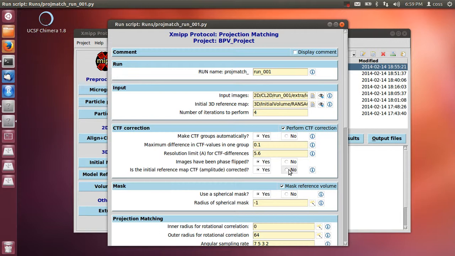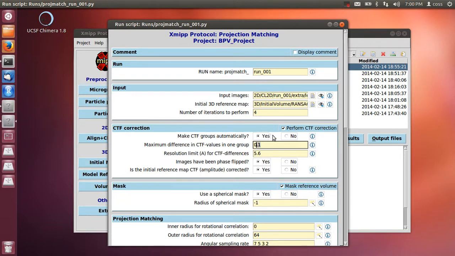So you're making groups of CTF, so all the particles that have similar CTF, they go into the same group. And you can be rather tolerant and put many micrographs together in the same group, and then you put larger values here. Or you may be very strict and just make a group per micrograph. So it depends on you how much you want to go into this amplitude correction.